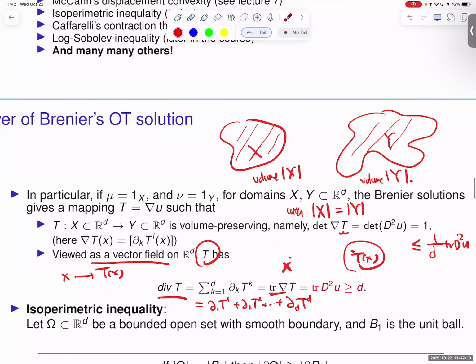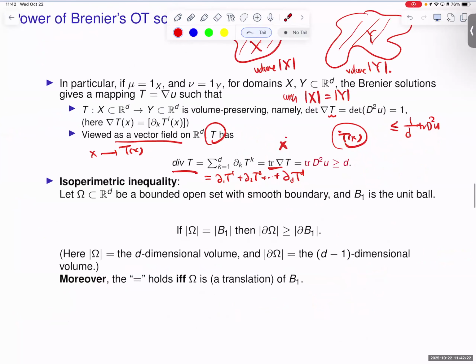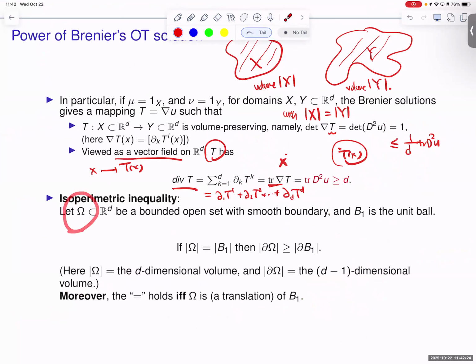So what is the isoperimetric inequality we are familiar with? It is this. We consider any bounded open set with smooth boundary in this d-dimensional space, and suppose that domain has the same volume as, let's say, the unit ball. Of course it can have other volume, but we can normalize this set so that it has the same volume as the unit ball. Then it says the unit ball is the set having the least perimeter, the least surface area.